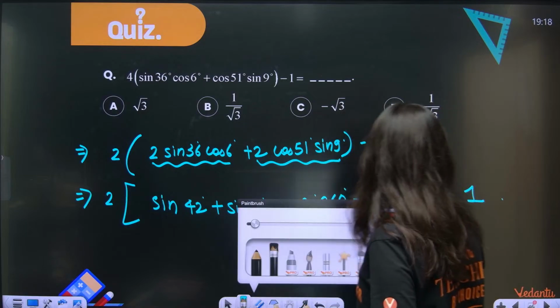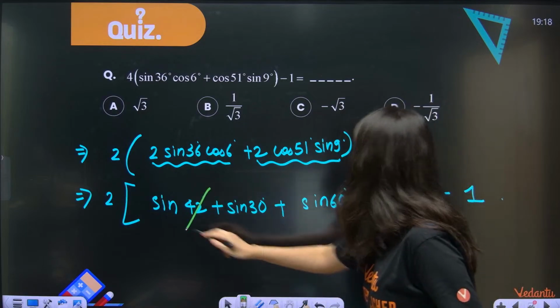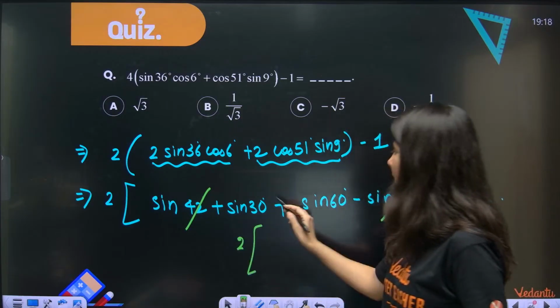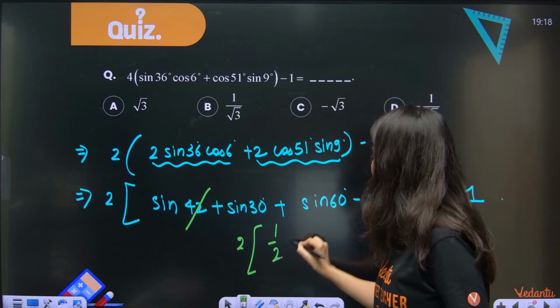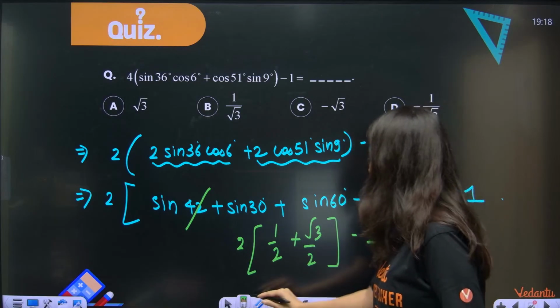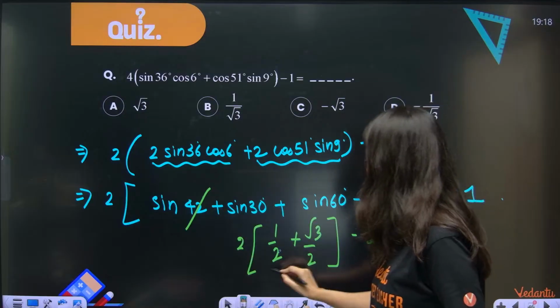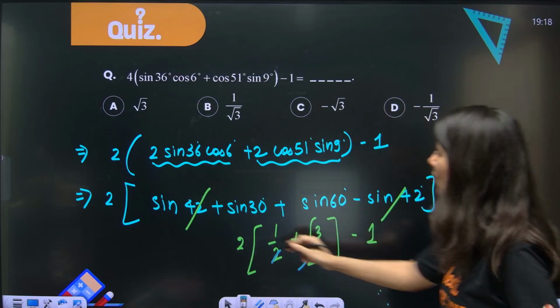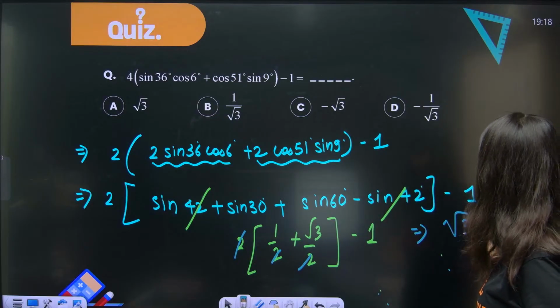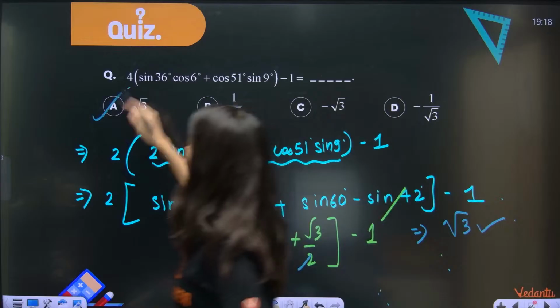Now clearly sin 42 and sin 42 cancel. 2 times sin 30 degree 1 by 2, sin 60 degree root 3 by 2, and this is minus 1. Oh, this is so obvious. 2, 2, 2 cancel. 1 and 1 also will get cancelled. So 1 plus root 3 minus 1 will be just root 3, option A.